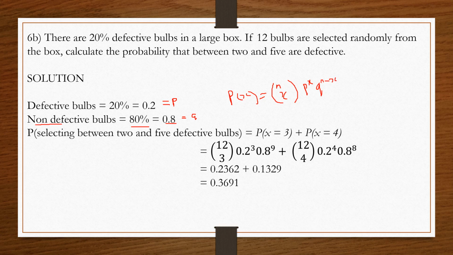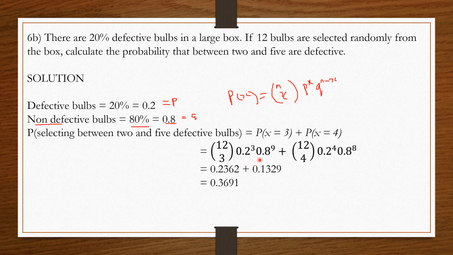And then we are asked to find the probability of selecting between 2 and 5 defective bulbs. Because it is between 2 and 5, we go for integers between 2 and 5, and they are 3 and 4. Remember, we are not told that 2 and 5 are inclusive, and because of that, we are not going to consider 2 and 5. We'll just go for integers between them, which are 3 and 4. So we look for the probability of X being equal to 3.